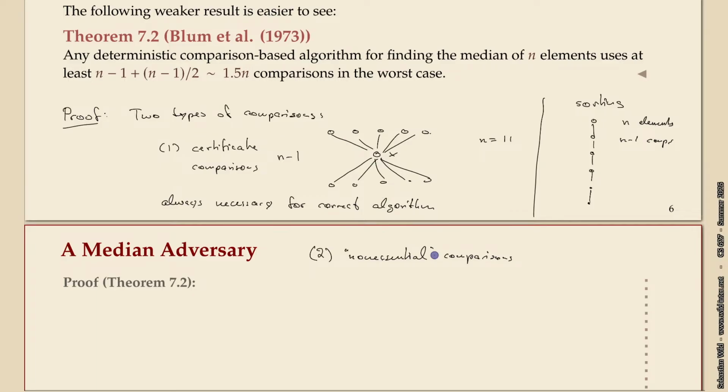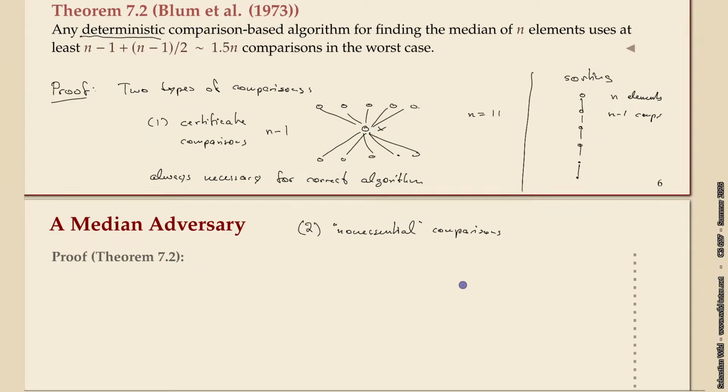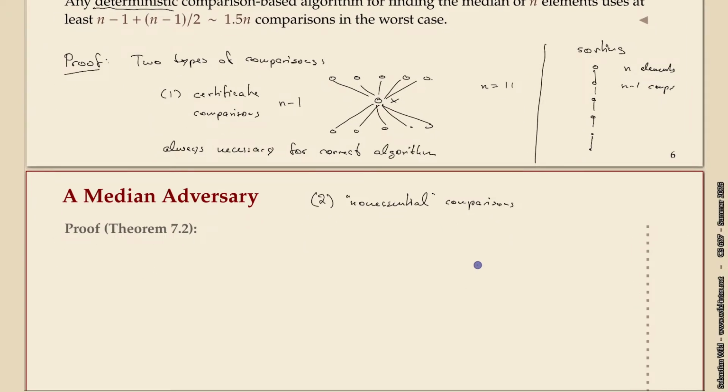So how can we still do, against deterministic algorithms, some bound on non-essential comparisons? So a non-essential comparison is one that's not part of the certificate.